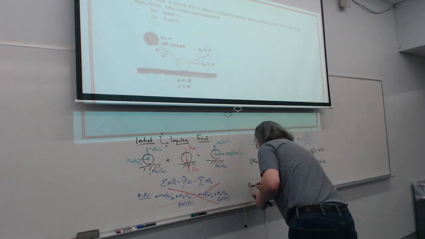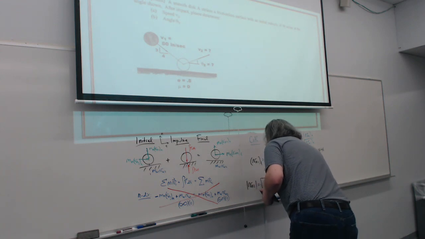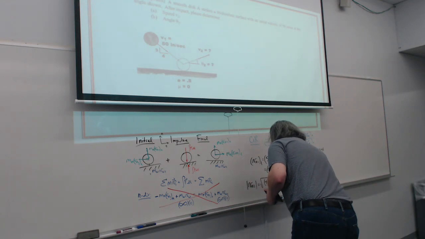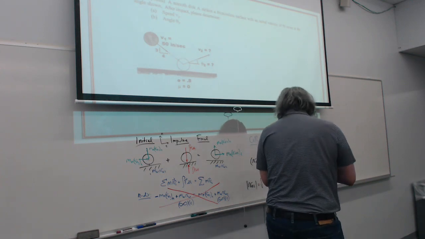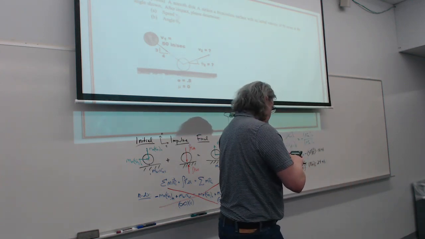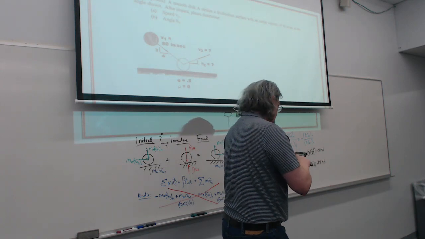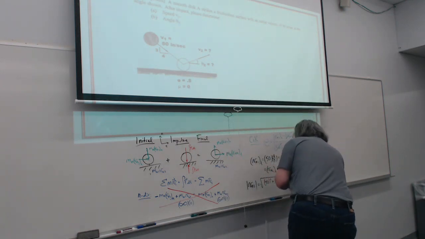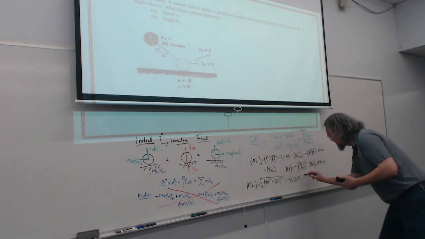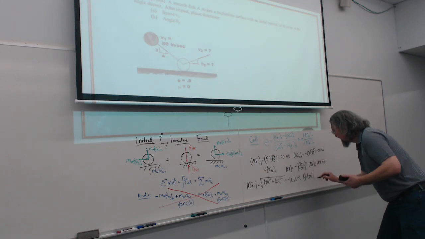So VA2 is equal to, we'll take the components, 40 squared plus 24 squared. That's 46.65 inches per second.